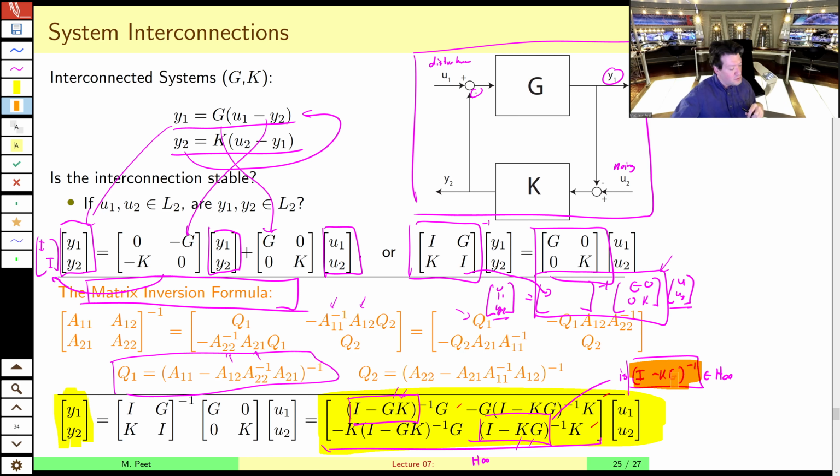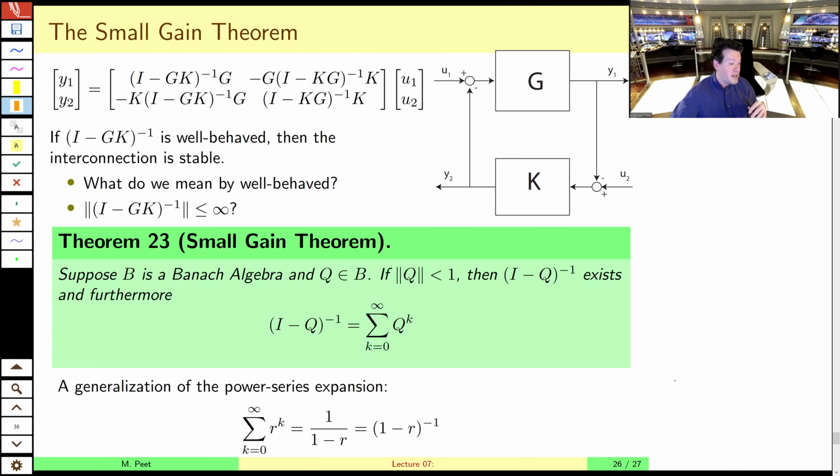Fortunately, because we're working with this algebraic representation, where multiplication, convergence, norms, everything is well defined, in a similar manner as for matrices, we can take very simple results from analysis and extend them to these types of systems. So in particular, what are we trying to prove the inverse of?